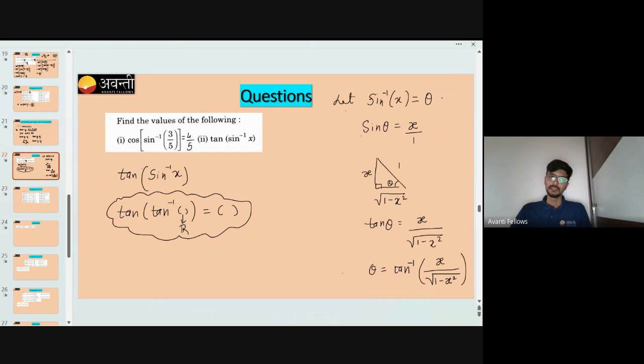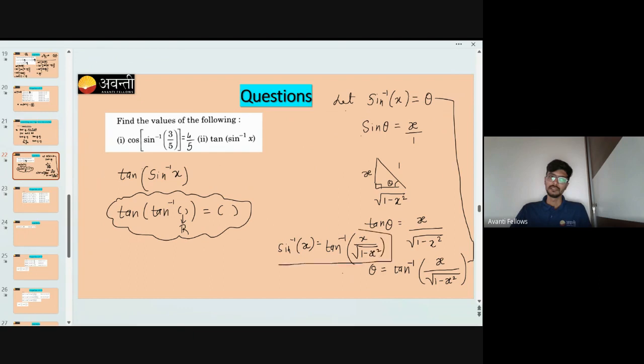Now again look at these two. If sine inverse x equals theta and theta equals tan inverse of x upon under root of 1 minus x square, I can write, equating both, sine inverse of x equals tan inverse of x upon under root of 1 minus x square.